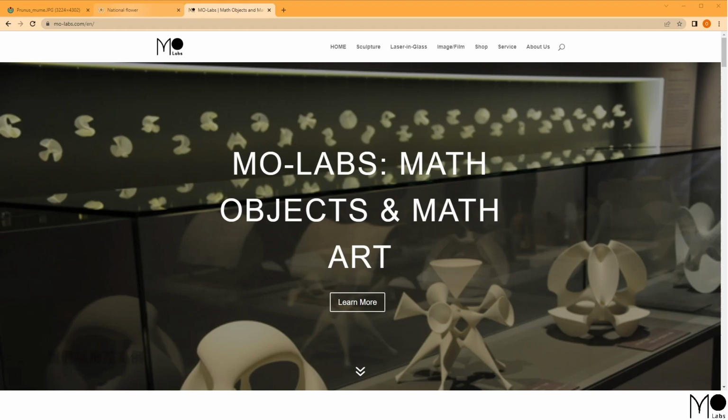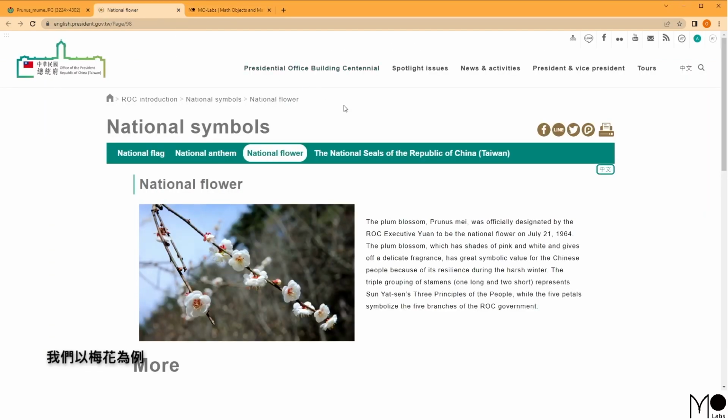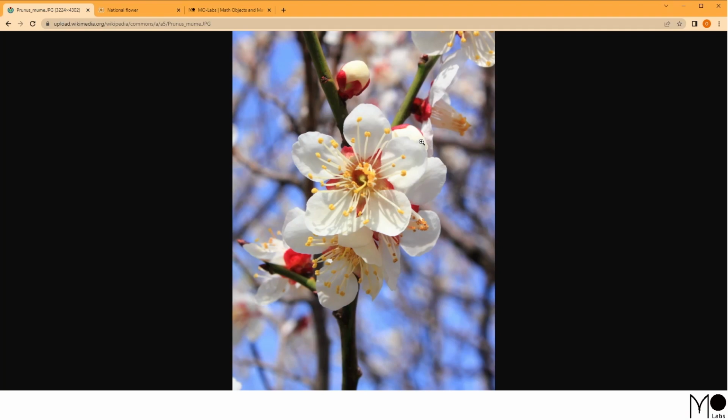The example I'm going to use is the Taiwan national flower, which you can see here, and here I have a larger image taken from Wikipedia. So what's the shape of this beautiful flower?